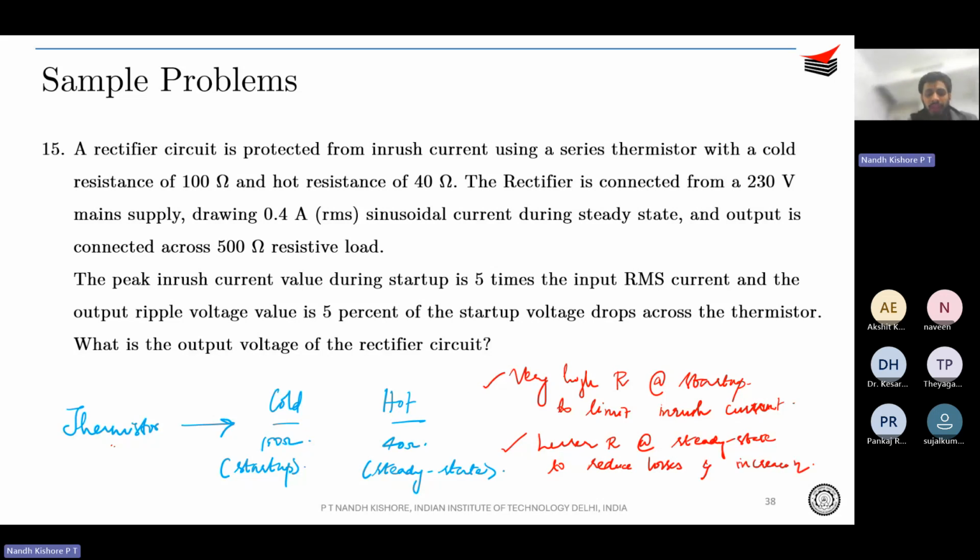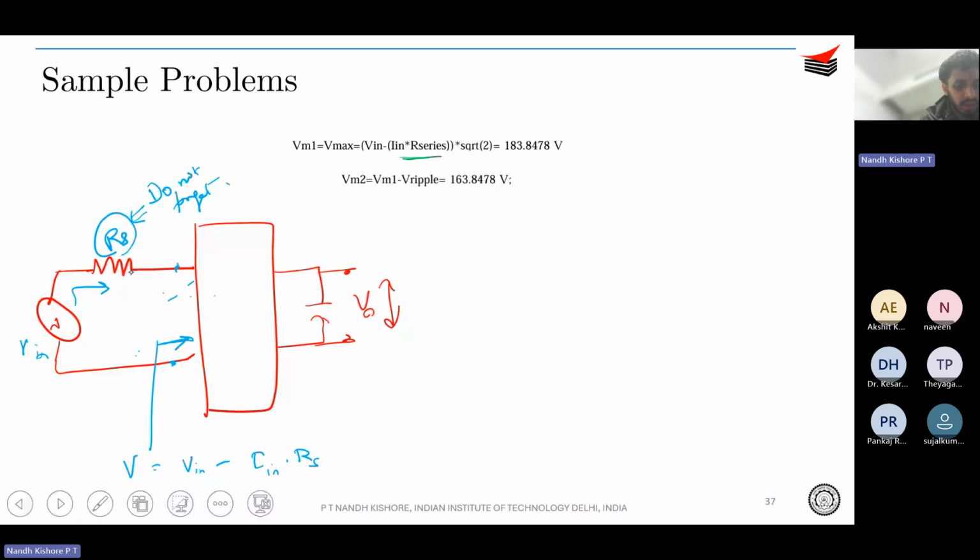That is the idea of the thermistor, and that's why the resistance notation is like this. It has lesser resistance during steady state and higher resistance during startup.